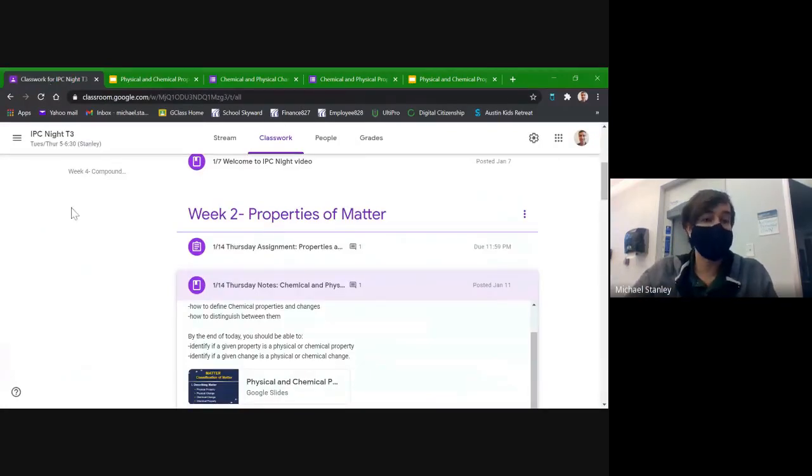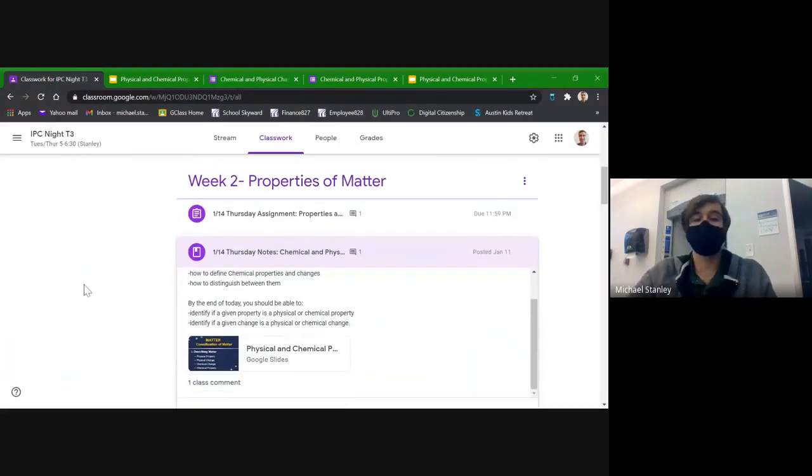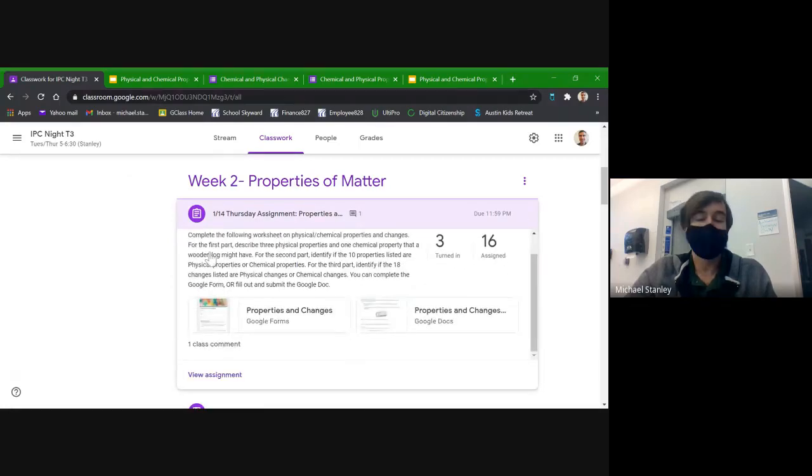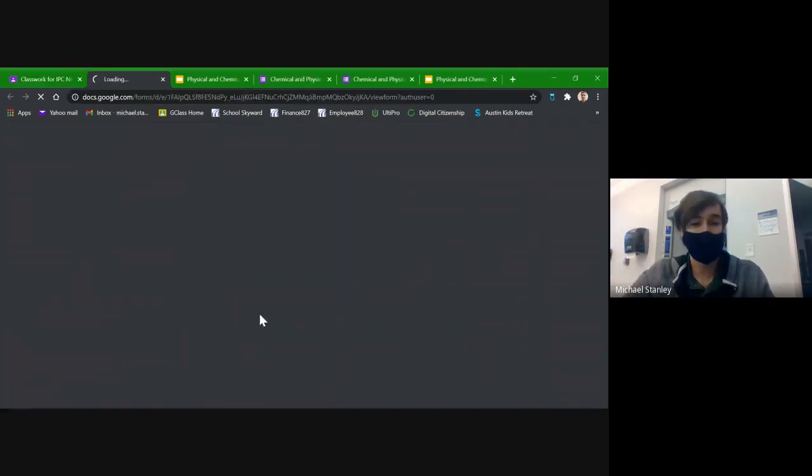The assignment that goes with the notes for today is a little bit long, but pretty easy to answer all the questions. It's essentially a couple different lists where you have to identify, is this a chemical or physical property, or is this a chemical and physical change?